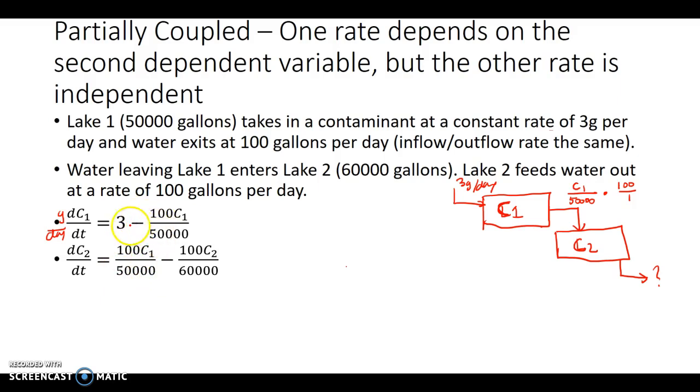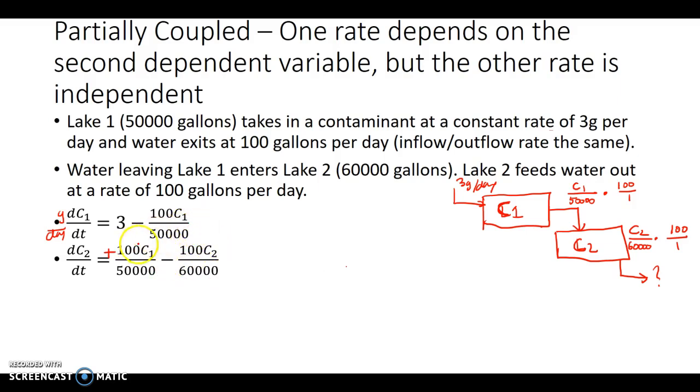It's just a positive version of it because what's exiting here is what's coming in here. And then what's coming out is dependent on what's already inside. Well, there are C2 grams at any given time per 60,000 gallons multiplied by the outflow rate. We're assuming that basically everything's consistent and flows out at a rate of 100 gallons per day. And so we get our outflow term there as well.